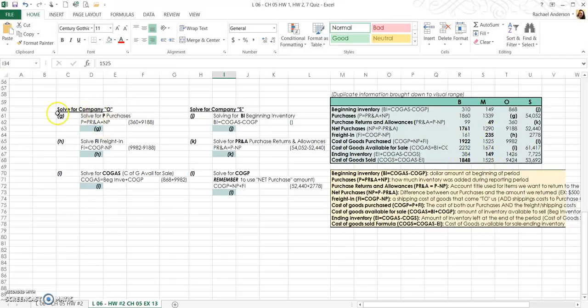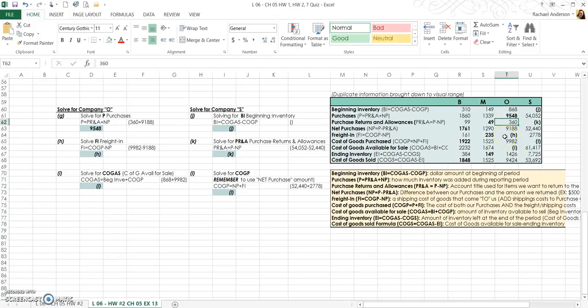So next we're going to be solving for Company O. Company O, we're looking for our purchase price, and that is found by taking our purchase returns and allowances, which is 360, and we're going to add our net purchases of $9,188. That gives us $9,548 for our purchases for Company O.